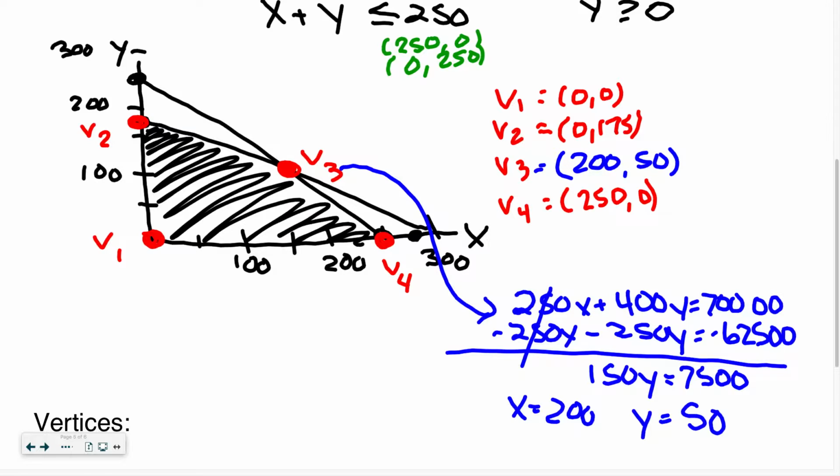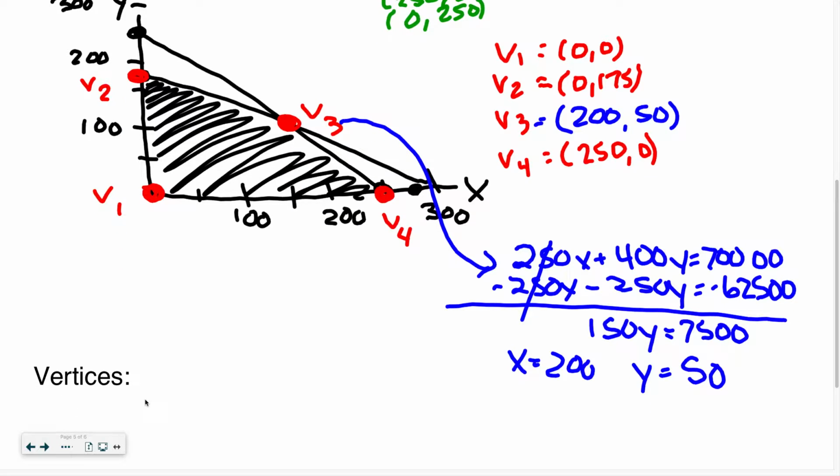So there I'm using my knowledge from earlier in the chapter. What's that point of intersection? Solve the system. You can do substitution, but I love elimination. So I did elimination. Okay. You can see my graph was not really drawn accurately, so it doesn't really look like it's at 250. So it's good for you to just solve that system.